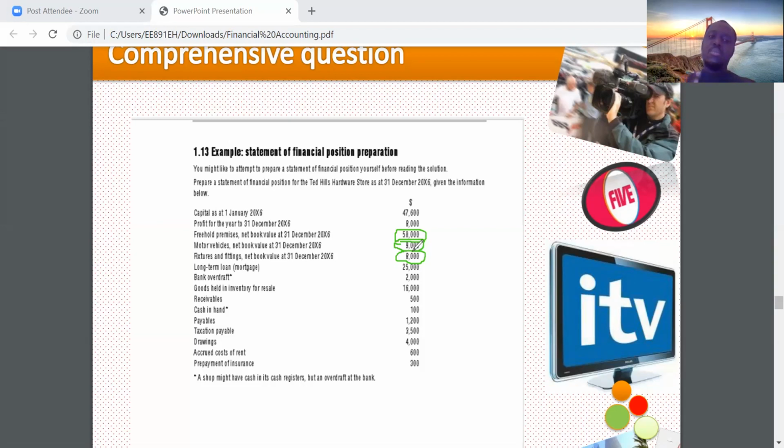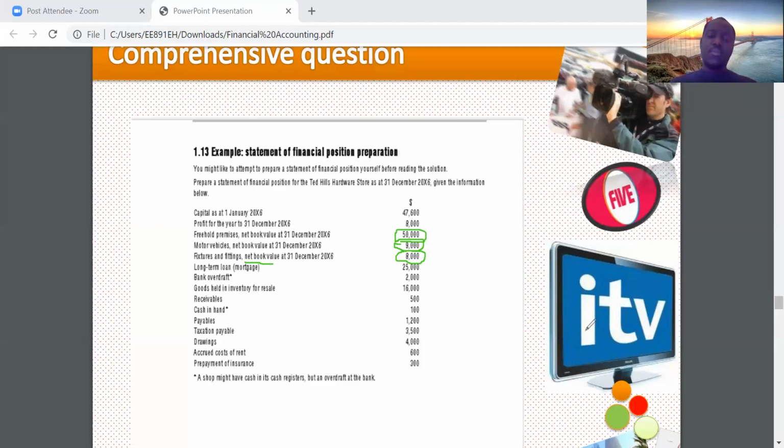For example, if you have a motor vehicle and you use it for some time, it will begin to depreciate. It will begin to experience wear and tear. It will begin to get old. And so if you take your cost and minus depreciation from the cost, that's where you come to net book value. So net book value is simply cost minus accumulated depreciation.